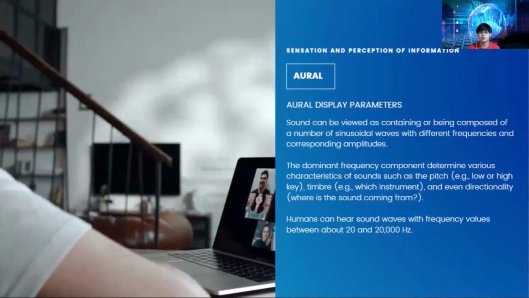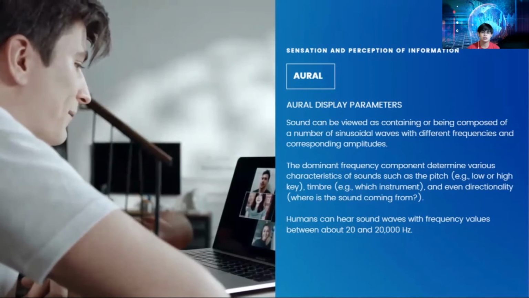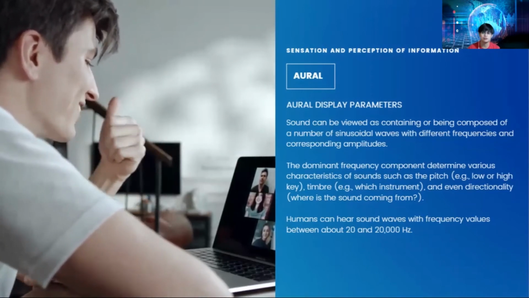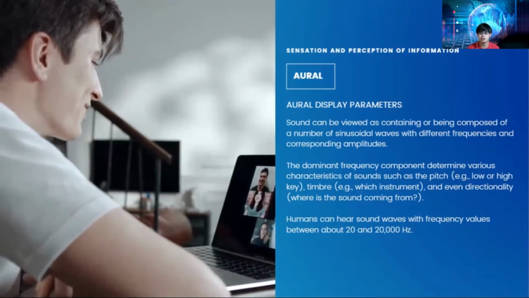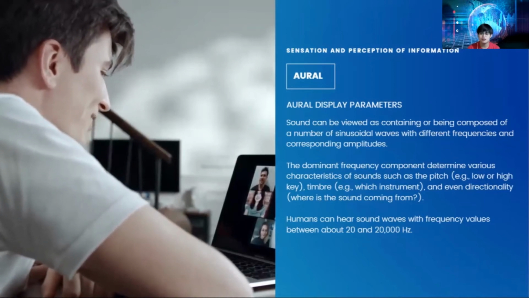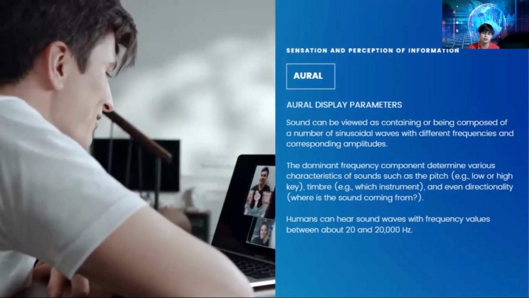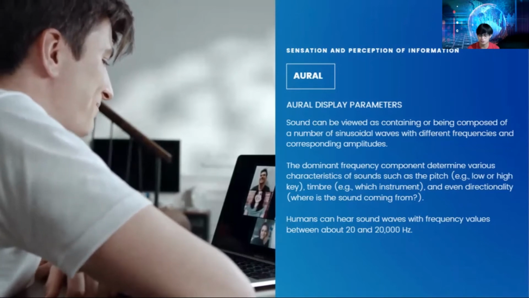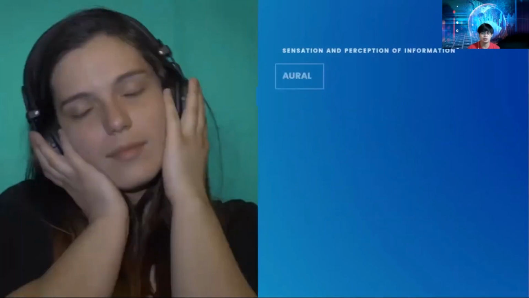The dominant frequency component determines various characteristics of sound, such as pitch, low or high, timbre, which is the instrument, and even directionality, where is the sound coming from? Humans can hear sound waves with frequency values between about 20 and 20,000 hertz. Just get a simple concept on how we actually hear.